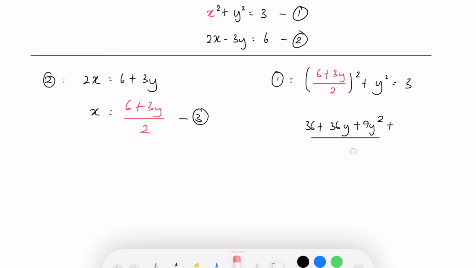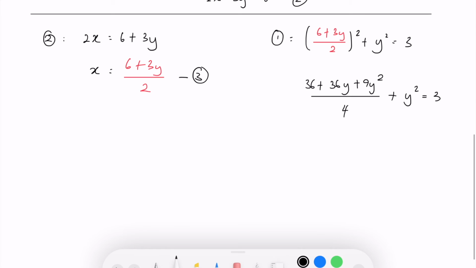So no, over 4 because you squared it. Plus y squared equals 3. Now I'm going to multiply everything by 4. So this is going to just cancel. 36 plus 36y plus 9y squared plus these are going to times 4. So that's 4y squared equals 12.